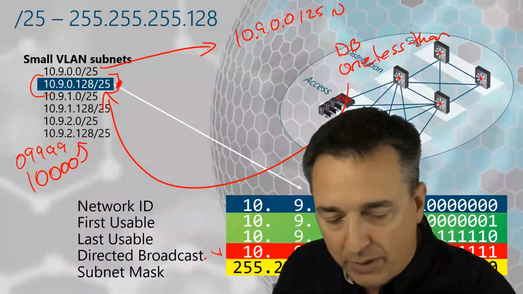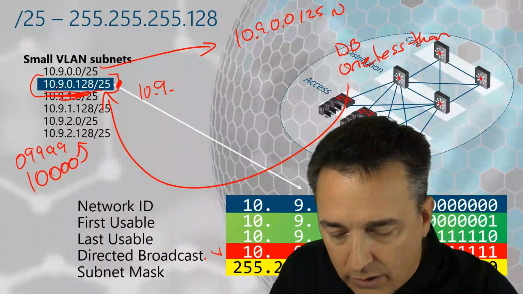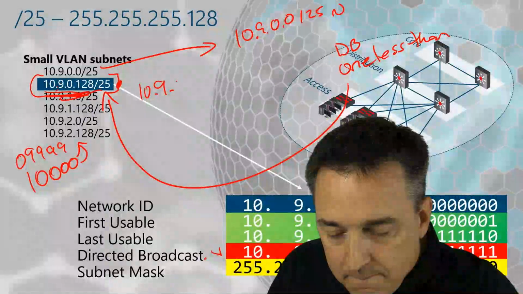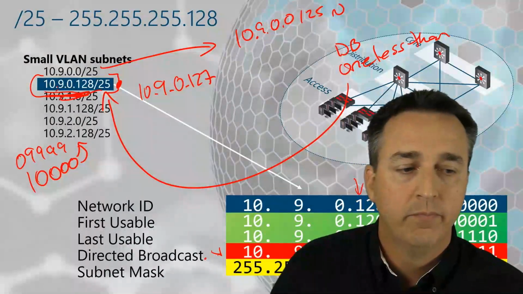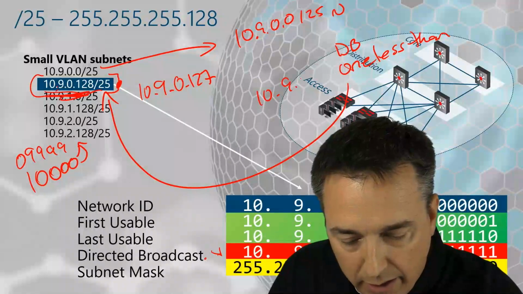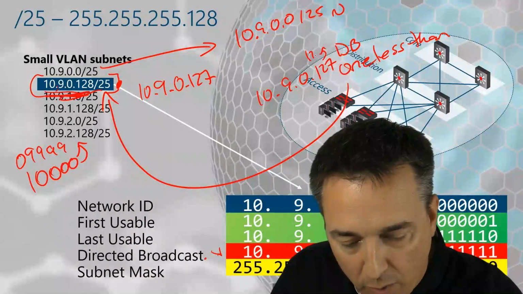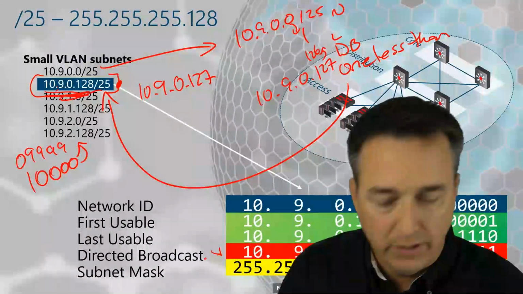The same thing has to happen here. So if I roll this one back, it's now 10.9.0.127. Then go back 1 from there. 126 is your last usable. Go 1 up. There's your first usable address.